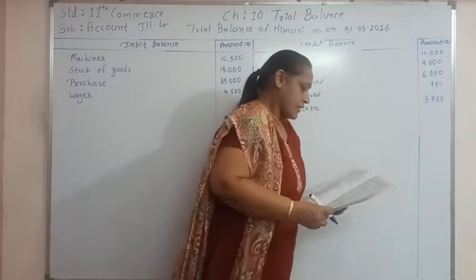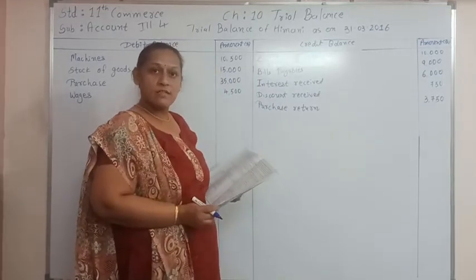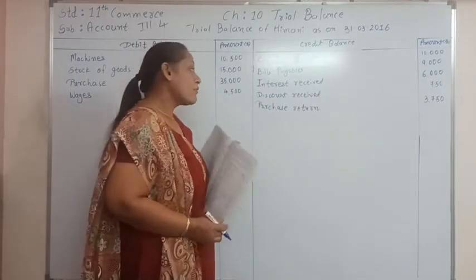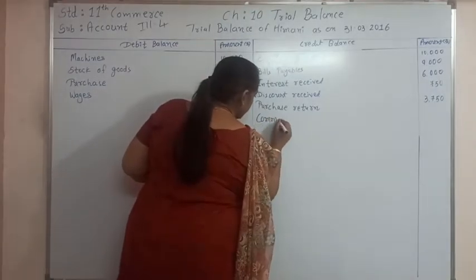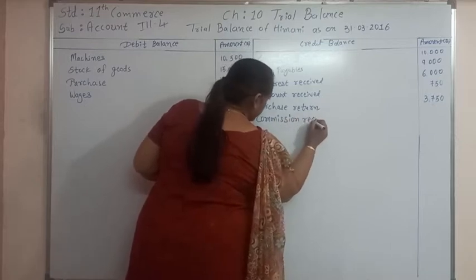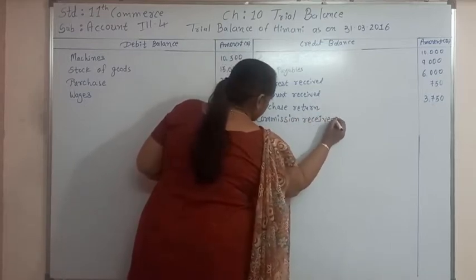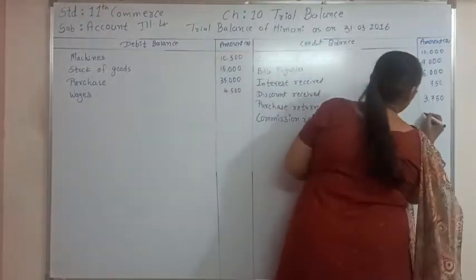After purchase return, another account is commission received. As we know that commission received is our income, and all incomes have credit balance, so we write it on the credit side. Commission received of rupees 7,000.